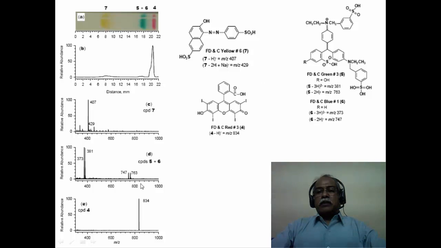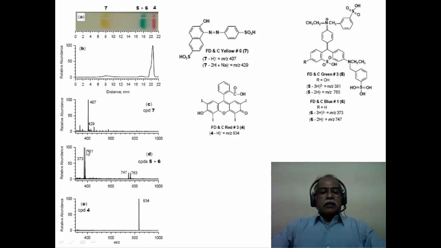These are the differences in the molecular formula of these two dyes, and one can see, for example, that the molecular formula corresponding to R equal to OH has a peak around 381 for a doubly protonated compound, and that corresponds to a molecular weight of m/z 763, which is 2 hydrogen. In other words, this is a monocationic species and this is a dicationic species. That is why the m/z is exactly half of the molecular weight of 763.